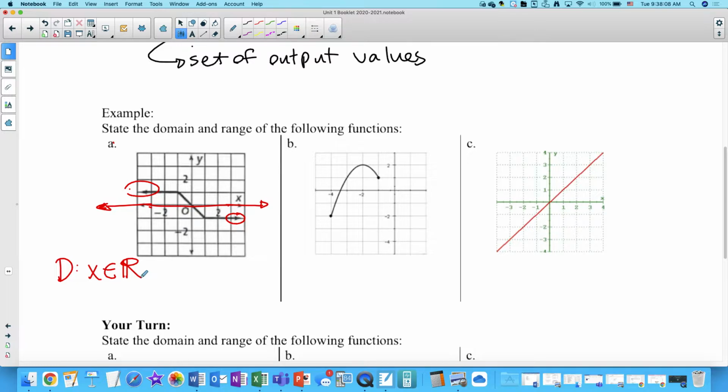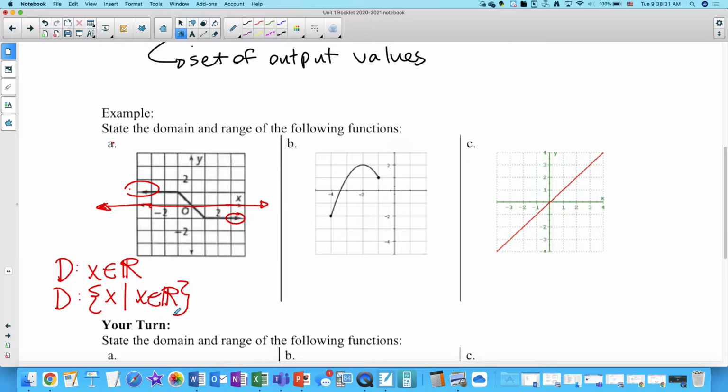This is the notation that's acceptable. It's not full set notation. The full set notation would be: the domain is the set of x such that x is an element of the real numbers. But for this course, the first one is fine.